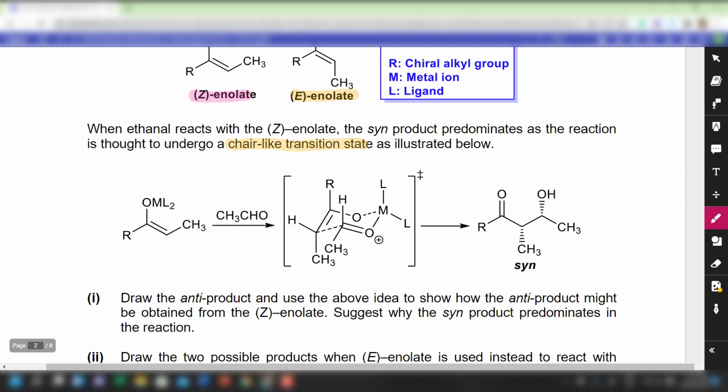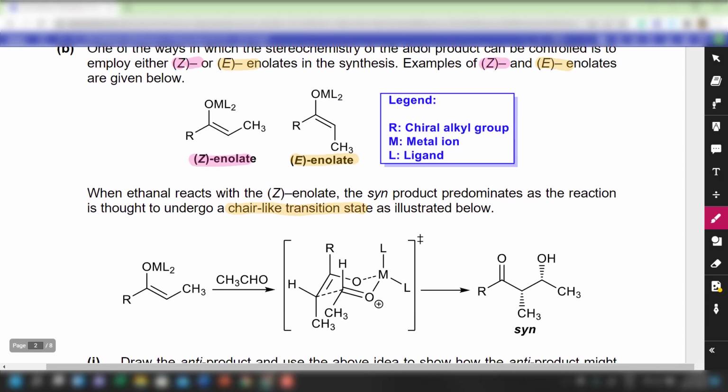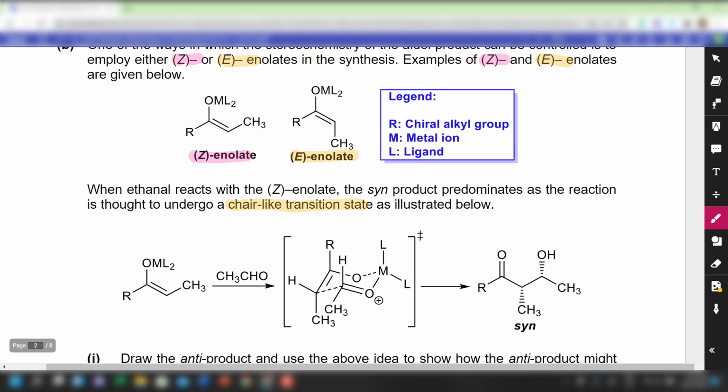If you want to read up more about this, it's usually in some more advanced level textbooks on asymmetric synthesis. It's called the Zimmerman-Traxler transition state, but I don't think you want to go into details at this stage. If you are interested, you can just read up more. If not, it is perfectly fine to leave it as it is.